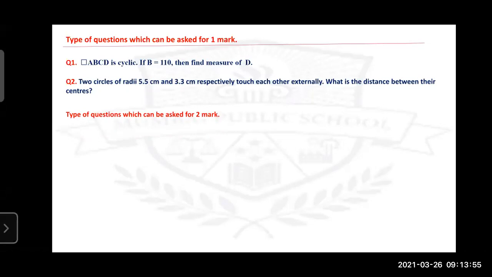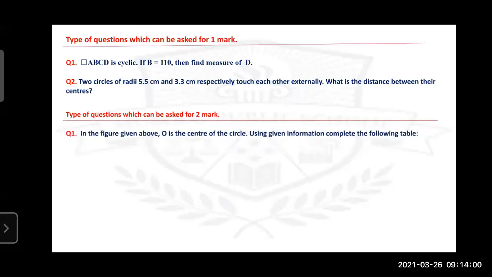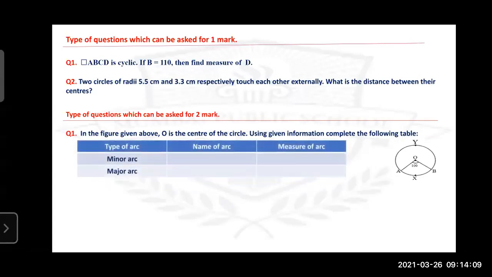And the type of question which can be asked for 2 marks. For 2 marks, see in question number first, in the figure given above, O is the center of the circle. Using the given information, complete the following table. So first you have to find the minor arc and major arc.